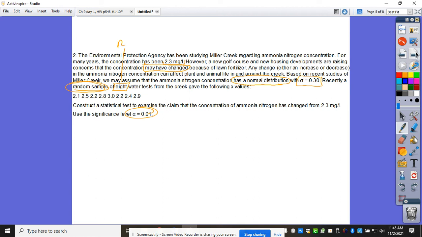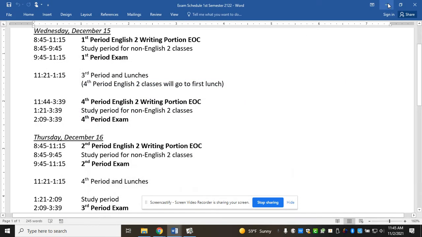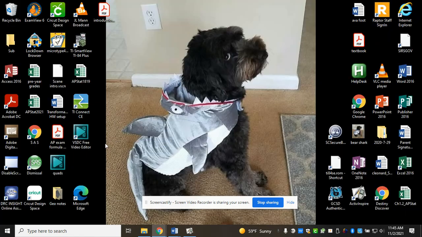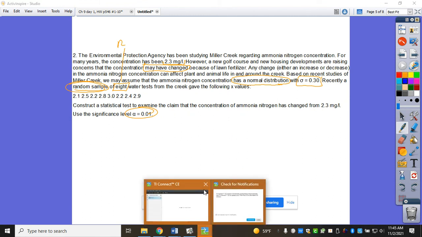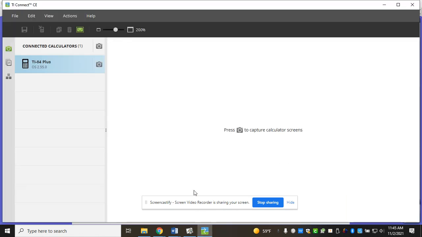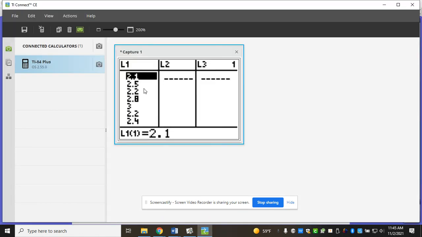I don't think I read this wrong. 2.25. All right, so now that I have it in a list, where do I go?